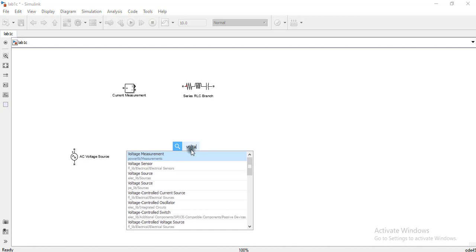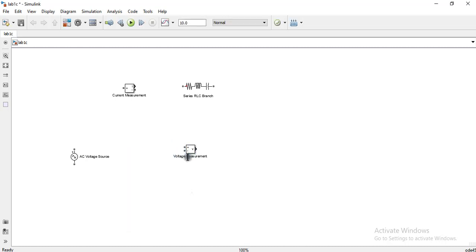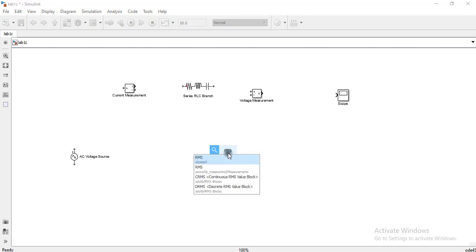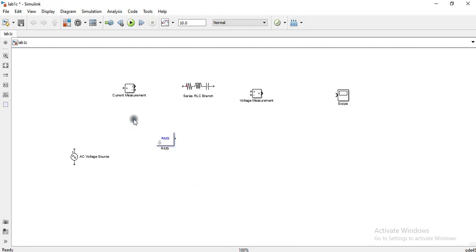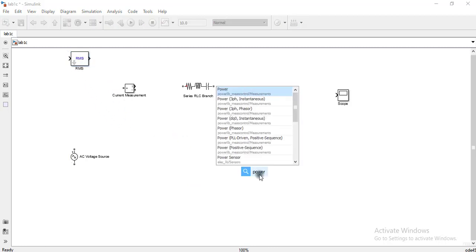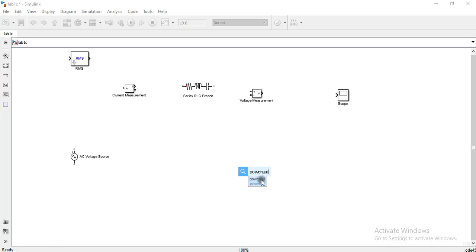Voltmeter, scope, RMS, power GUI, all these blocks have been discussed in the first two videos. Okay, let's copy it.